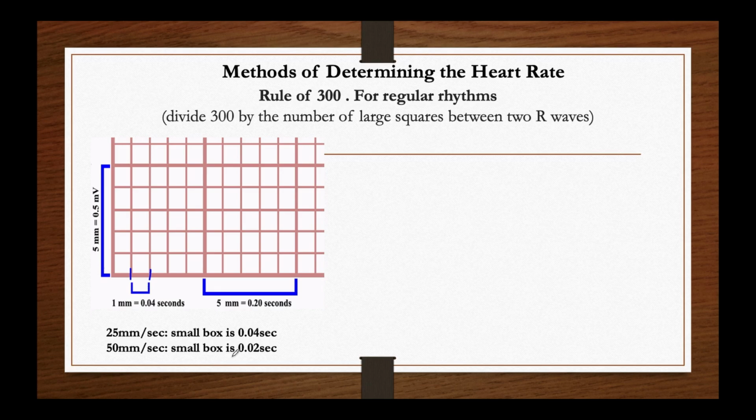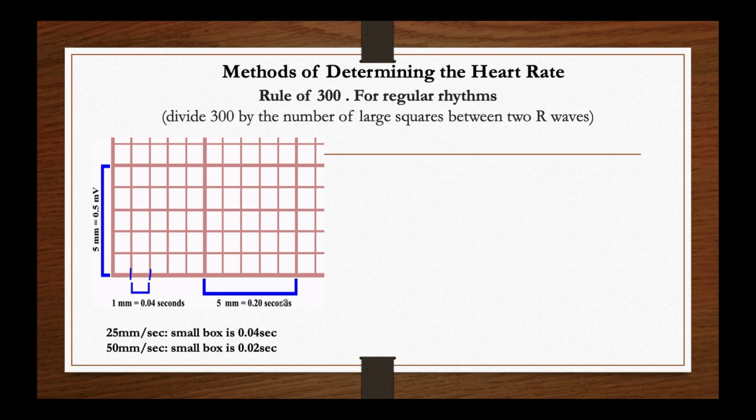We get 0.02 seconds. Also, since we have 5 small squares in one big box, we multiply 5 by 0.04, if the speed is 25 millimeters per second, to get 0.20 seconds.